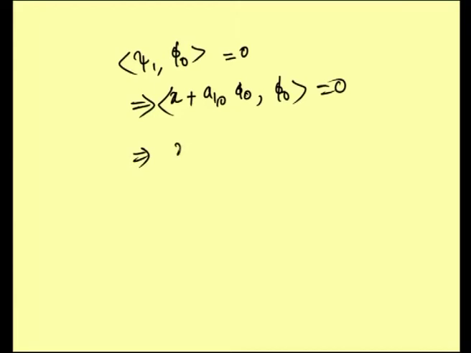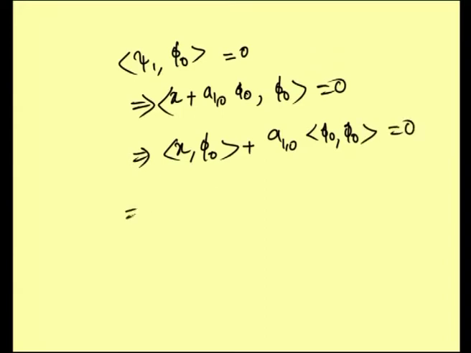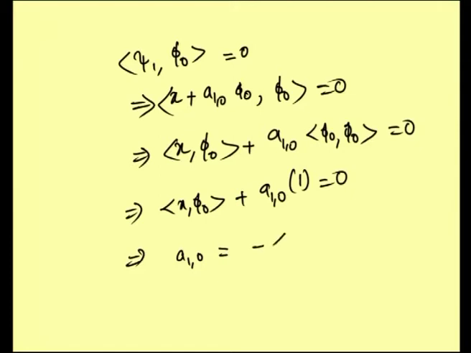This implies x comma phi naught plus a 1 comma 0, which is just a constant, times phi naught comma phi naught equals 0. This implies x comma phi naught plus a 1 comma 0 into 1 equals 0, and we have a 1 comma 0 is equal to minus x comma phi naught.